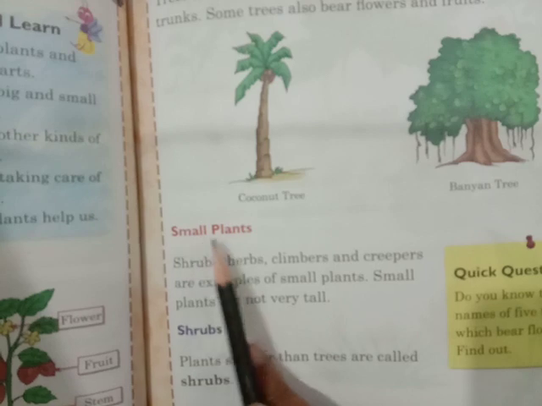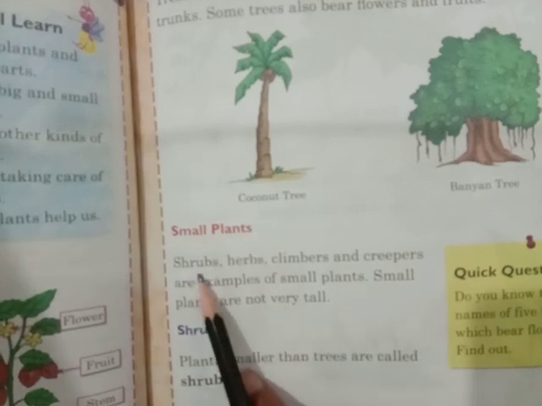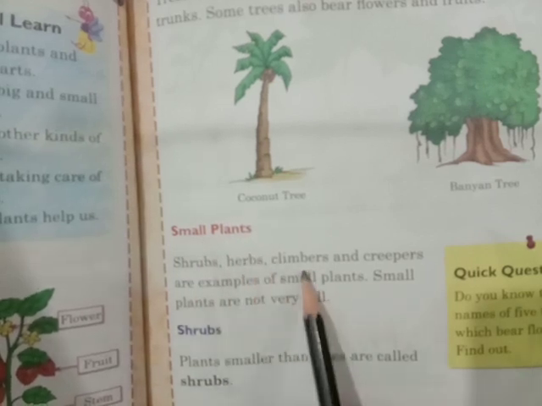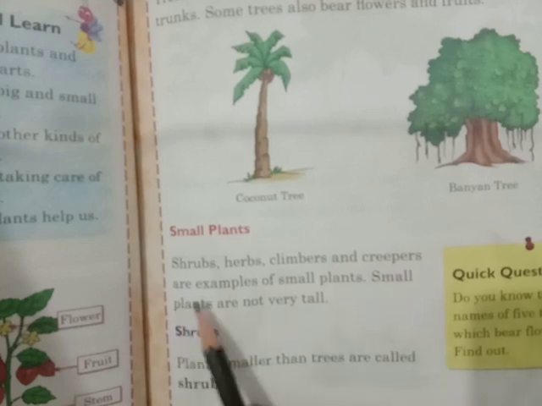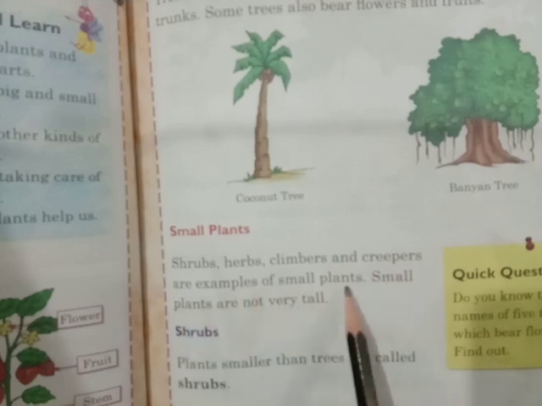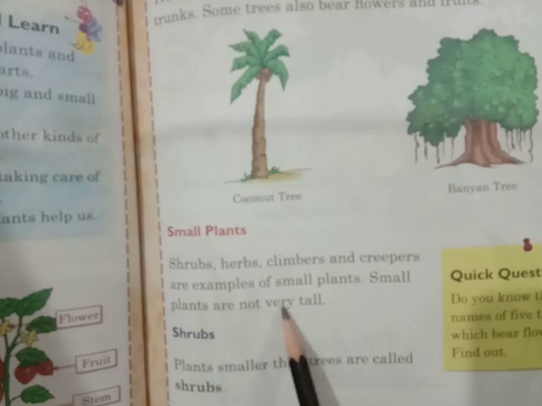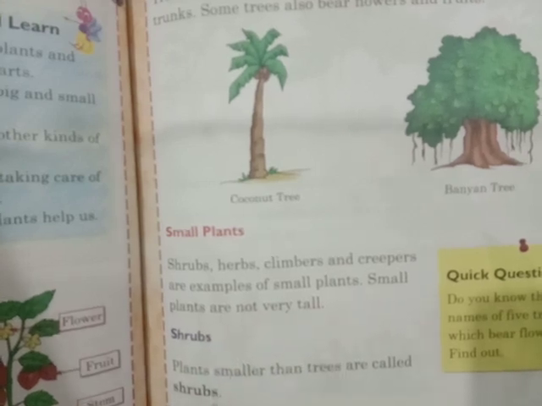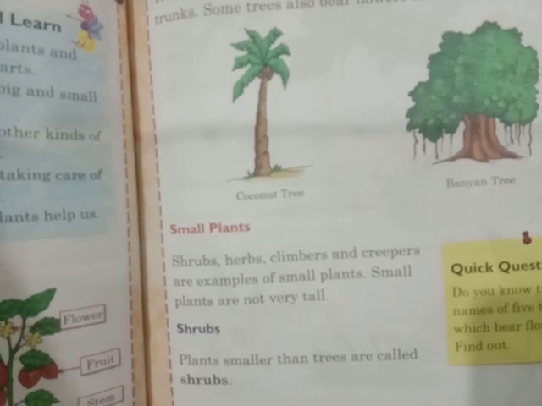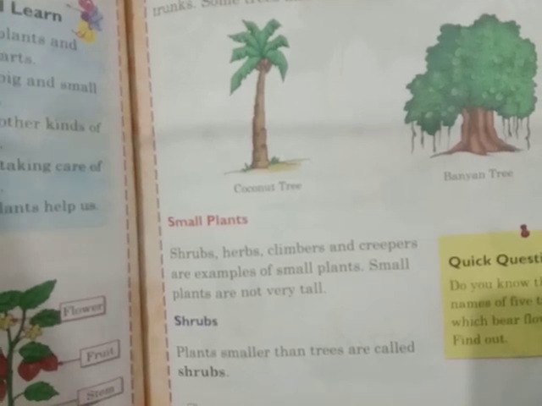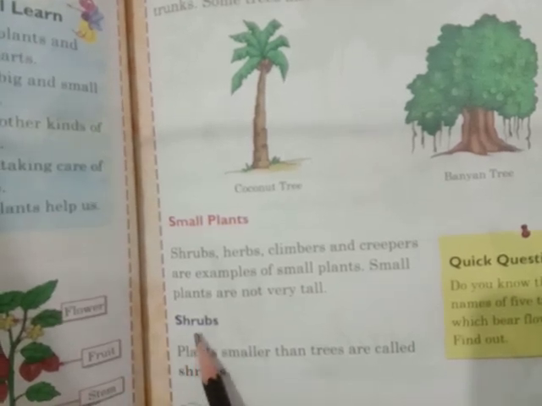Let's learn about the small plants. Shrubs, herbs, climbers and creepers are examples of small plants. Small plants are not very tall. Shrubs.